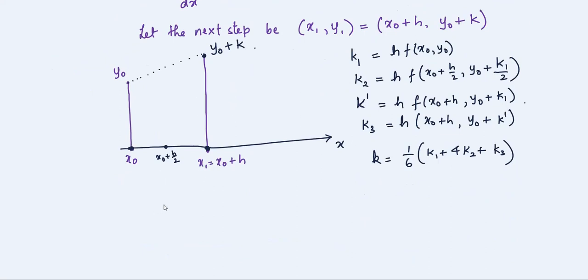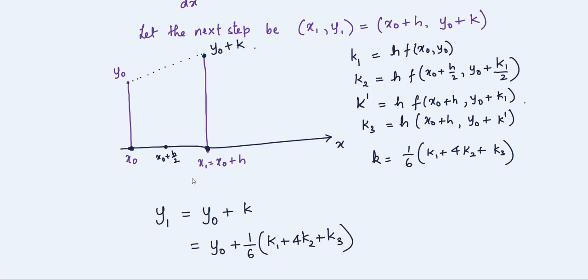So y1 is y0 plus k. This is y0 plus 1 by 6 times k1 plus 4 k2 plus k3.